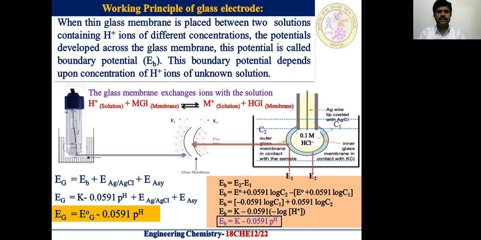This potential is called the boundary potential, EB, and this boundary potential depends upon the concentration of H+ ions of the unknown solution or outer solution, because the H+ ion concentration inside the bulb is constant.